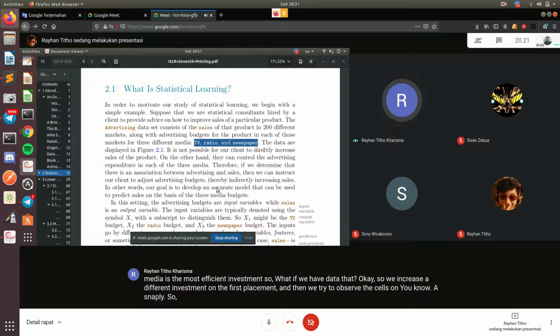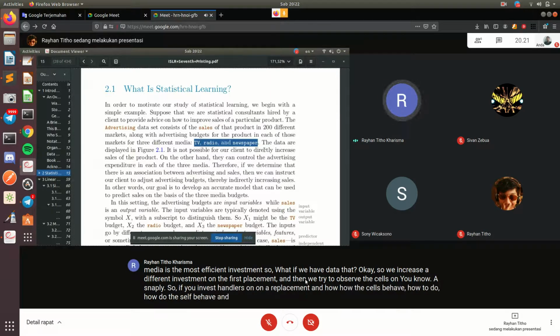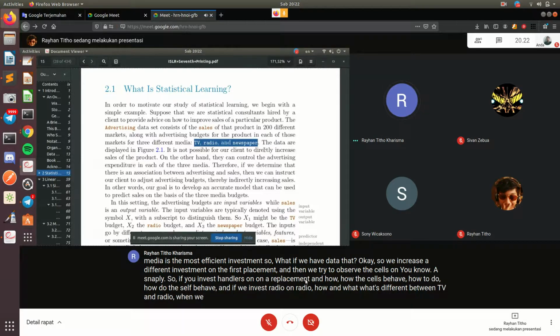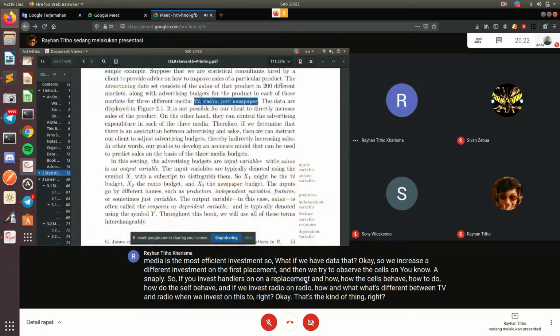If we invest $10 on an advertisement, how do the sales behave? And then if we invest on radio, what's different between TV and radio when we invest in these two? That's the kind of thing.